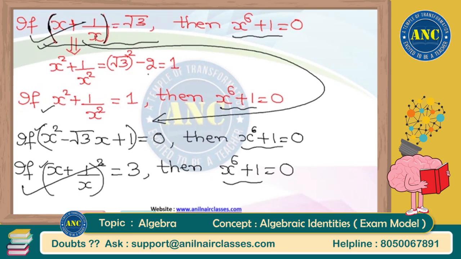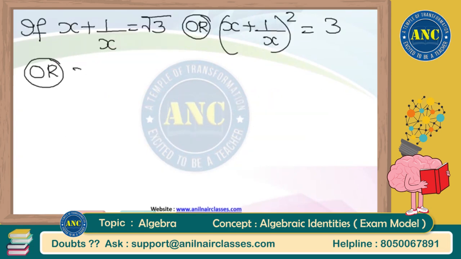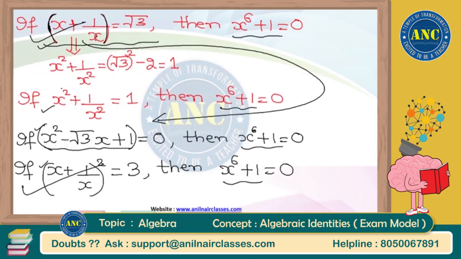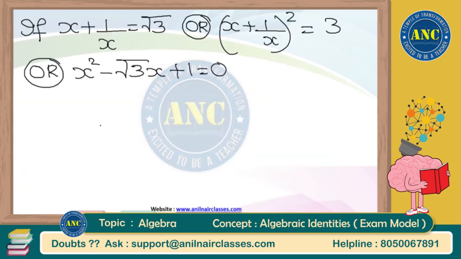I can also write it as x square minus root 3x plus 1 equal to 0. This is the other way of expressing it. Or I can also write it as x square plus 1 by x square equal to 1.